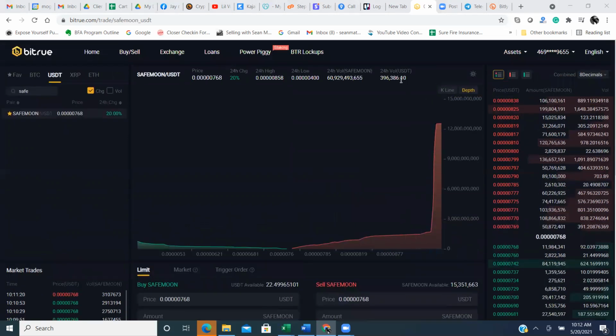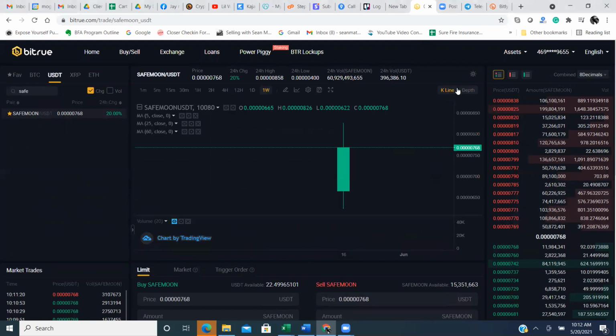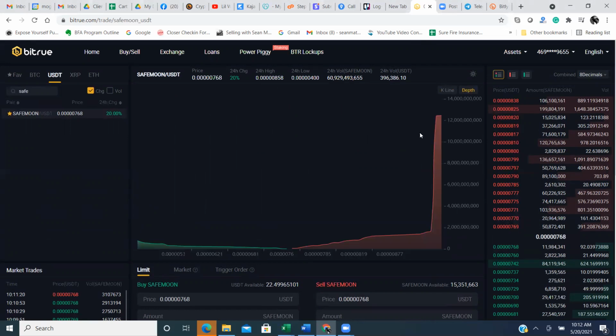This one's pretty still, and there's not a lot of volume here, which is good. What's good about a low volume is it's easy to manipulate. It's easy to take control of the pricing if you have a group of people, or some big money, like 0009.